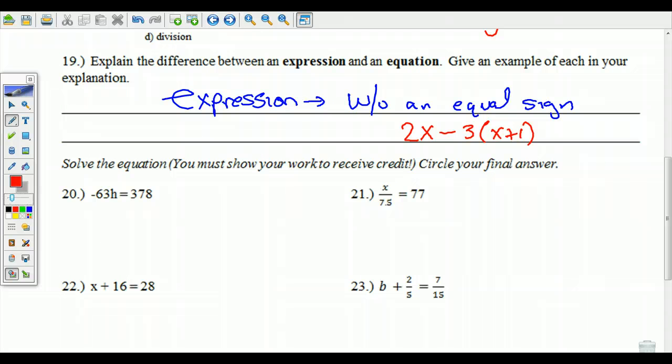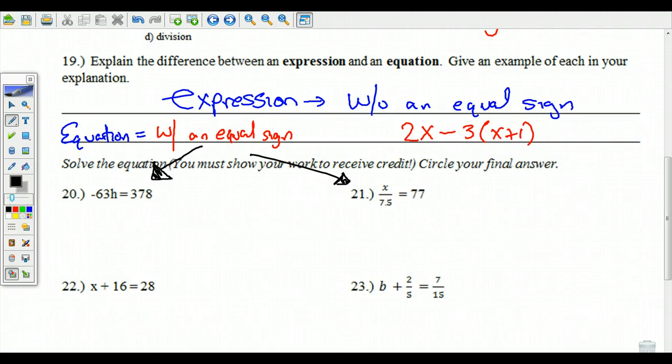Anything like that without an equal sign. So an equation is anything with an equal sign. An example of something like that would be anything below, like right here. Here's an example. Here's an example. Anything with an equation where you're going to solve and get a number answer.